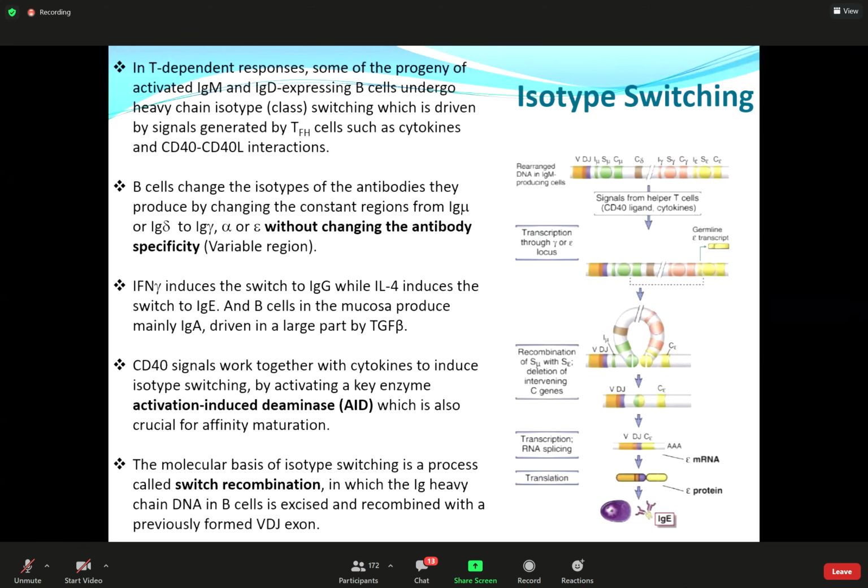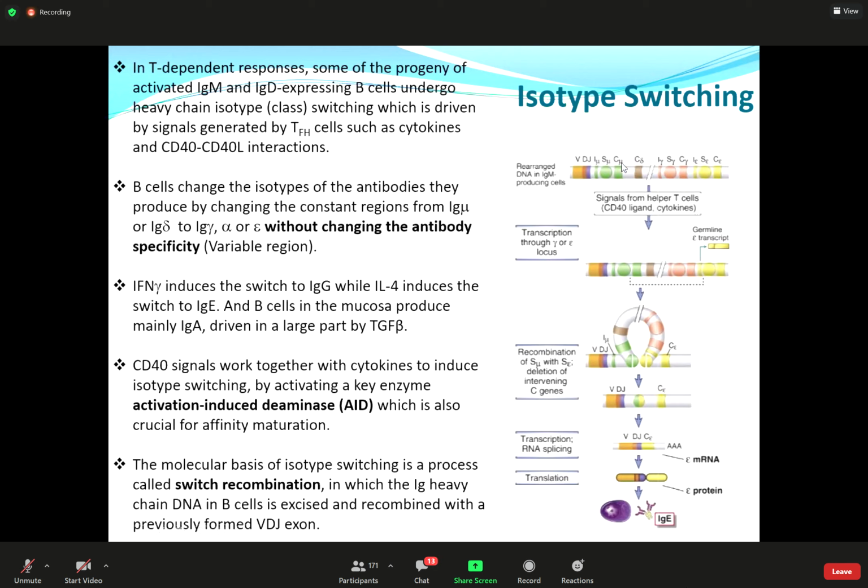Remember in the first lecture I talked about B cells, that even though you get this VDJ rearrangement within the Fab region of the antibody molecule, all of the initial antibodies are IgM because the gene coding for the IgM Fc region is the closest to the VDJ sequence, right?